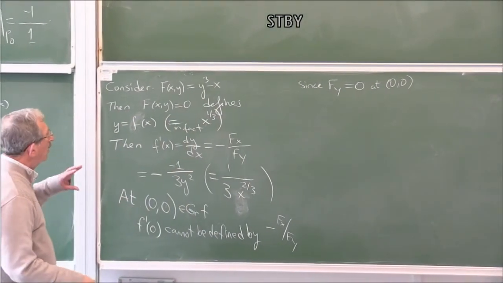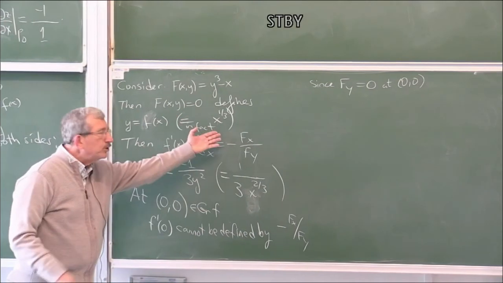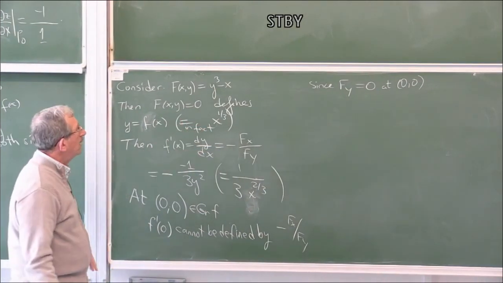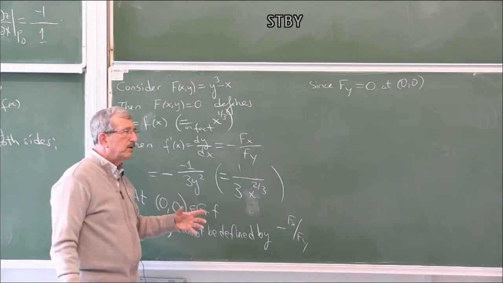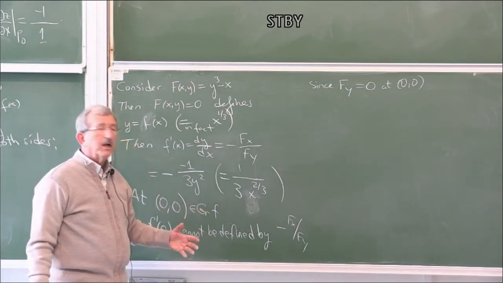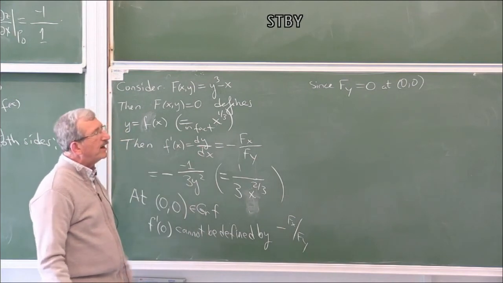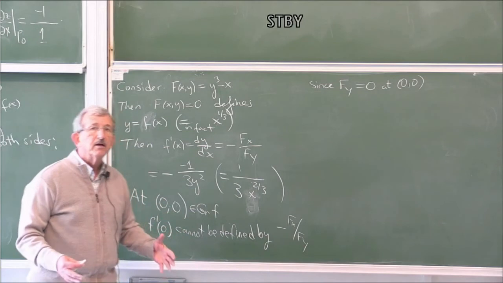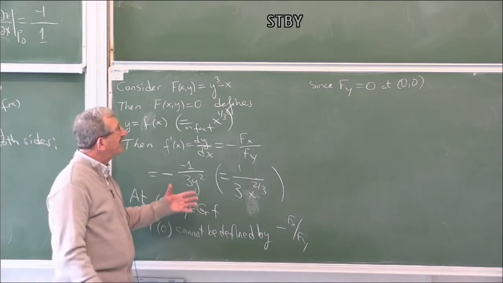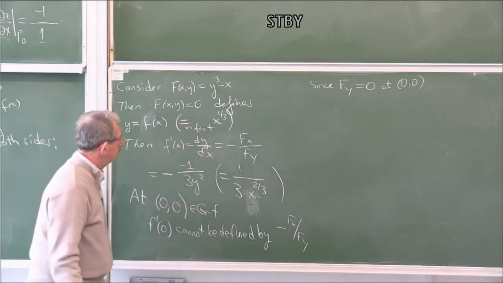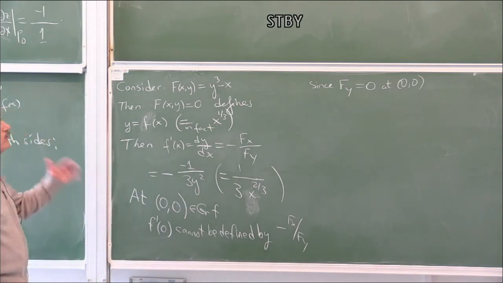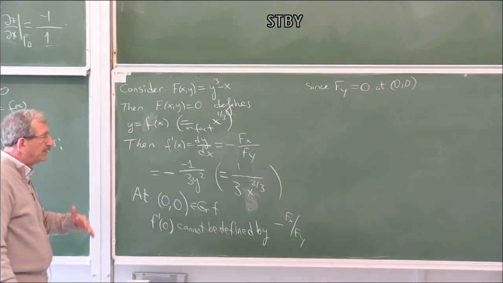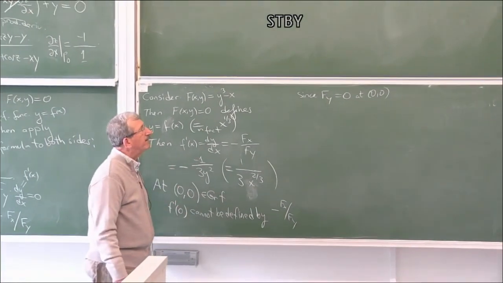So, f is well defined, it's a continuous function. Cube root of x is a nice continuous function. It has a derivative everywhere, but not at 0. So, by this formula, we cannot find it. But a better reason behind it is that there is no derivative, okay, of y with respect to x at 0. Okay? So that's why we cannot find it.